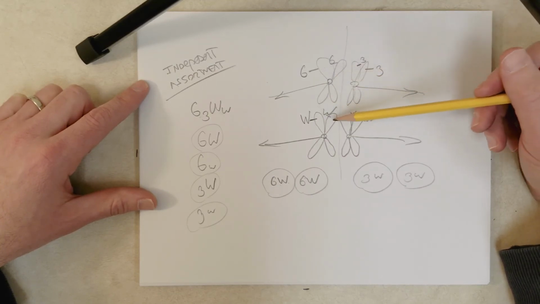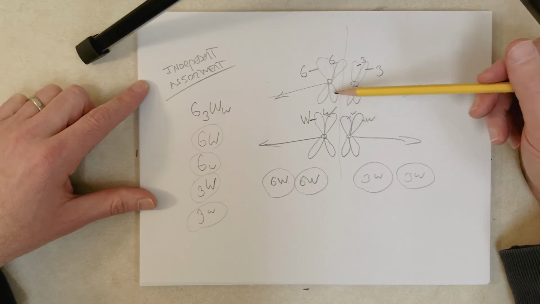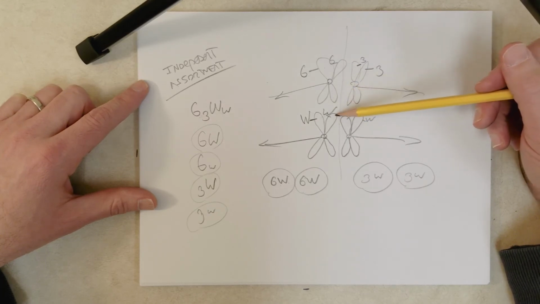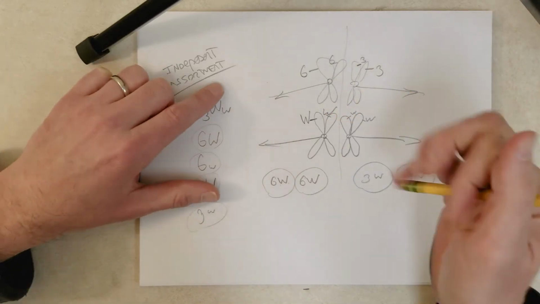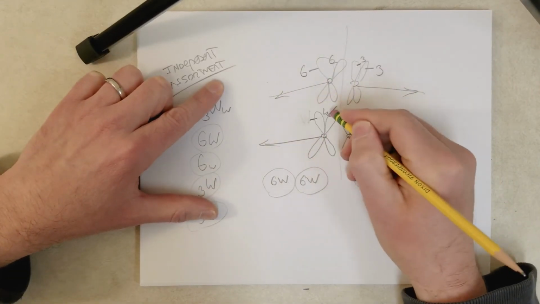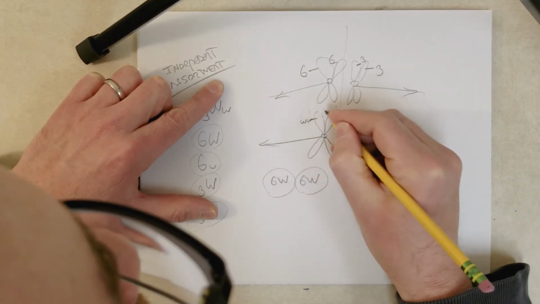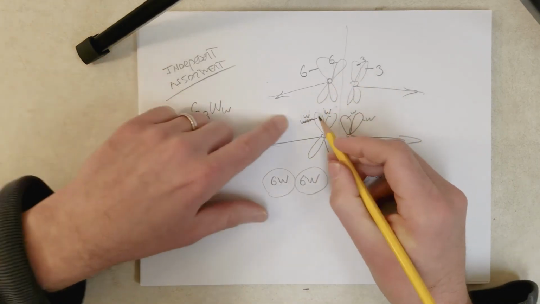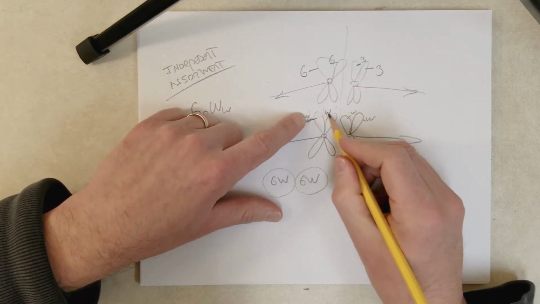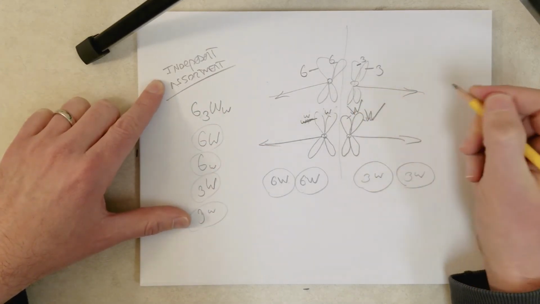But the orientation of this tetrad relative to this one is formed in a random process. Half of the time it would have formed the other way around. So the little W's would have been, well, I should just draw diagram 1. Little W alleles on the left and the big W's on the right.